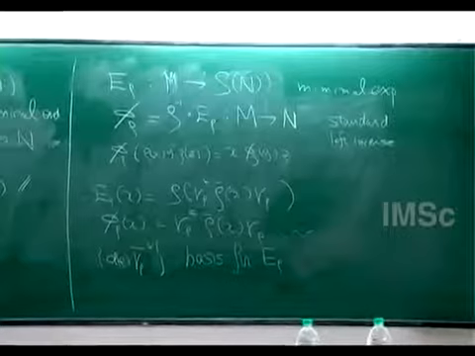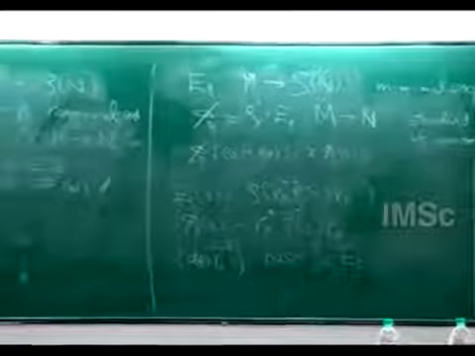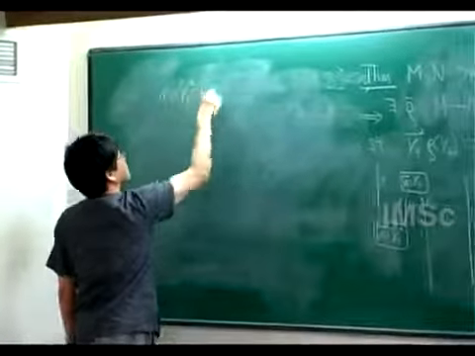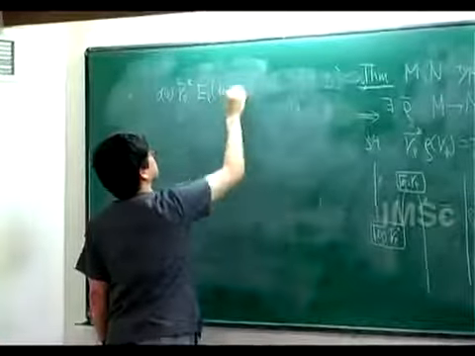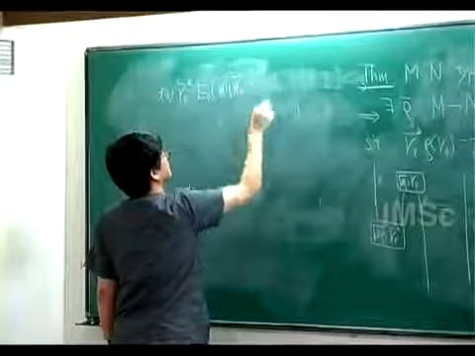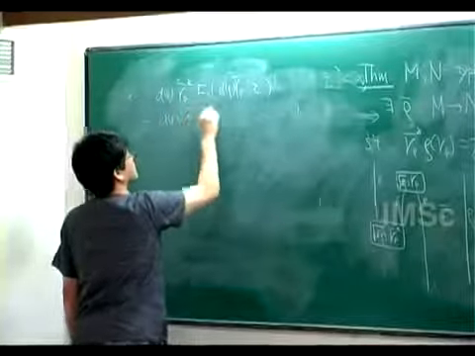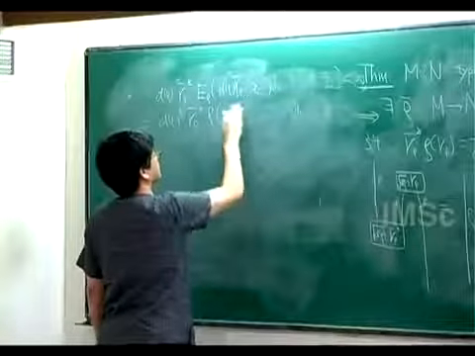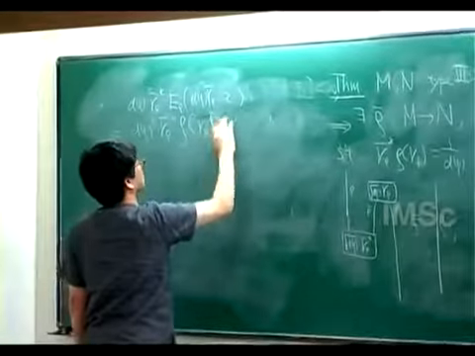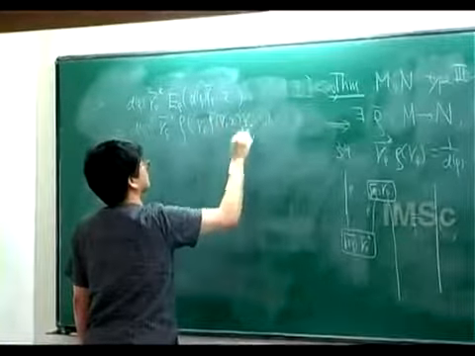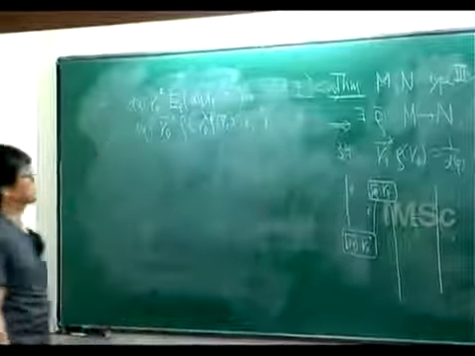I'll check. For that, just compute this. This is just R rho star rho bar X rho. Yes, this is correct.